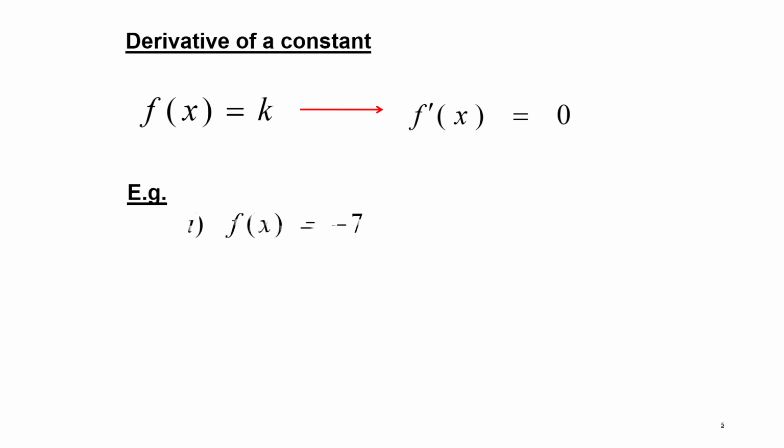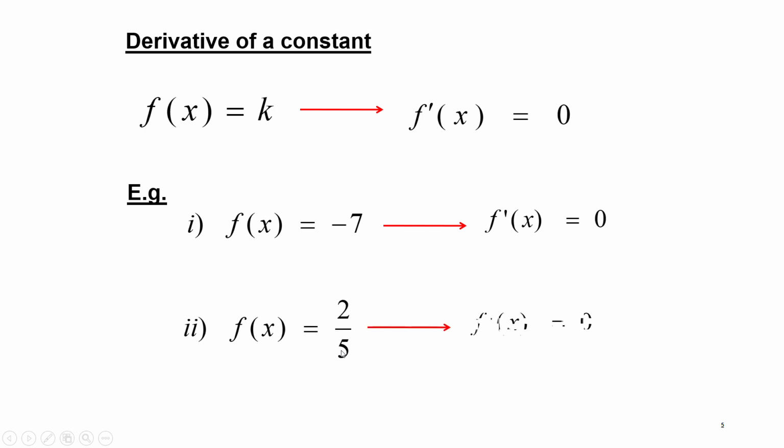Looking at one example, f of x is equal to negative 7. So the differential of that will be basically 0 according to this. Another one, f of x is equal to 2/5. Again the result will be 0. So any number, if you differentiate, the result will be 0.